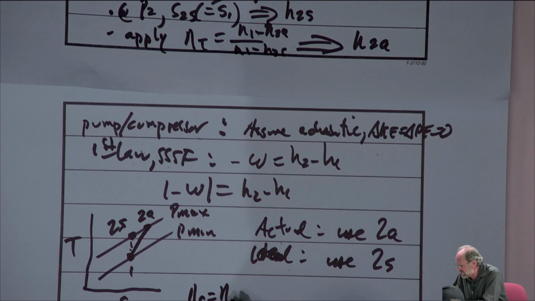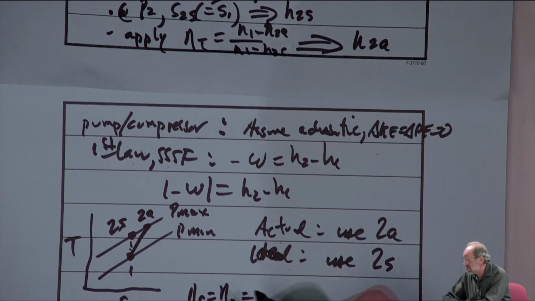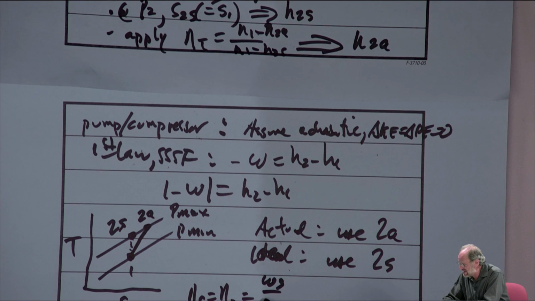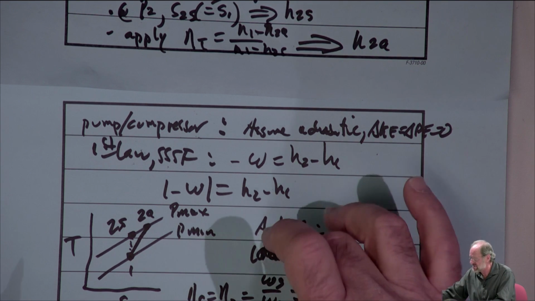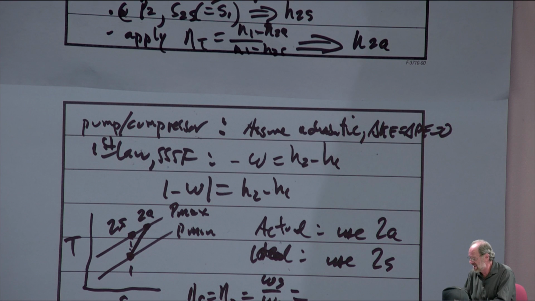And then we will look at the equation. The equation for the compressor or the pump's isentropic efficiency is the ideal over the actual. Again, we're just going to use magnitudes or absolute values. It doesn't matter. If we don't use absolute values and we actually use a negative associated with required work input, the negatives are going to cancel in the numerator and the denominator, and we'll get exactly the same result anyway. But just by convention, we use absolute values.